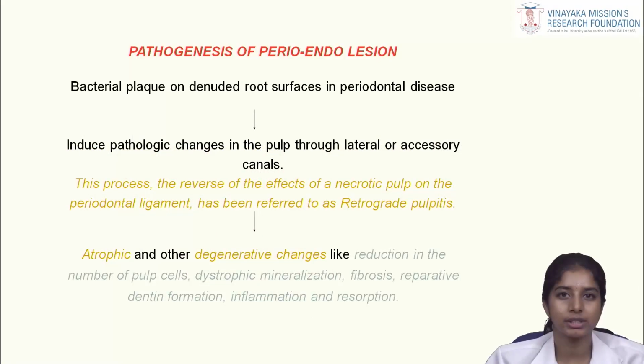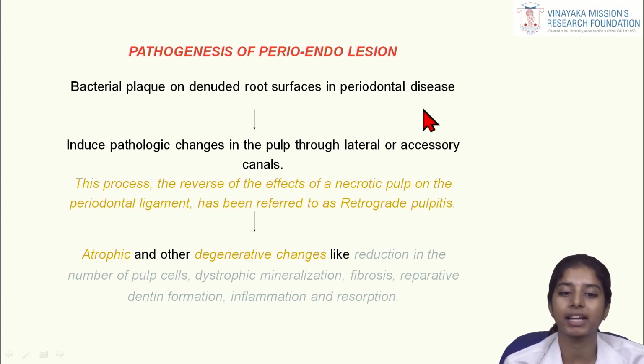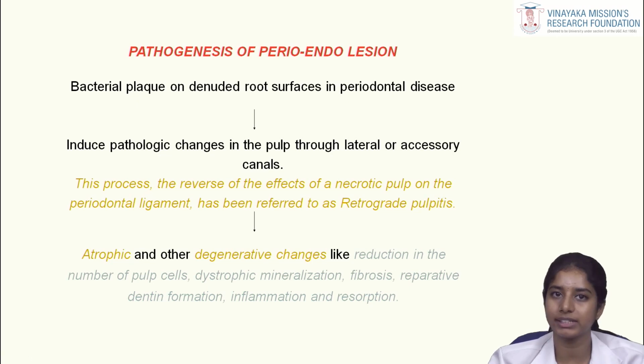Then we have the pathogenesis of periodontal lesion. The pathogenesis starts with accumulation of bacterial plaque on the denuded root surface in case of periodontal diseases, and this bacterial plaque accumulation induces pathologic changes in the pulp through the lateral canals or else accessory canals.